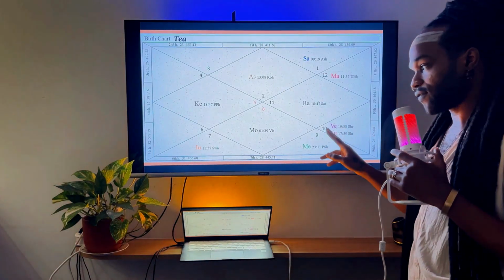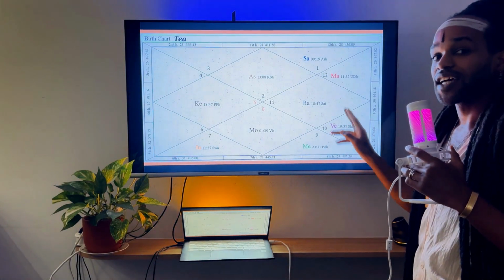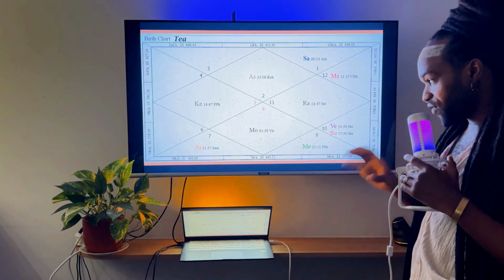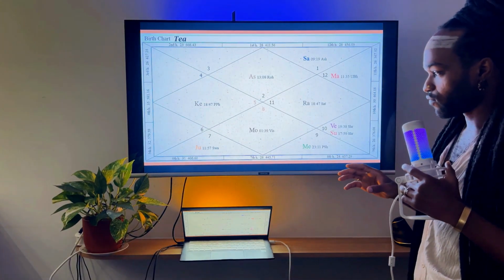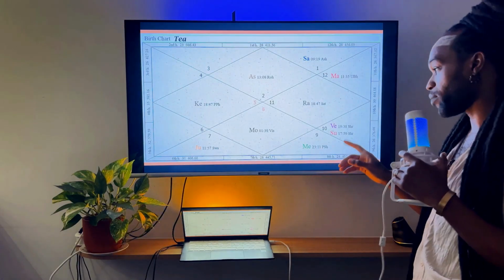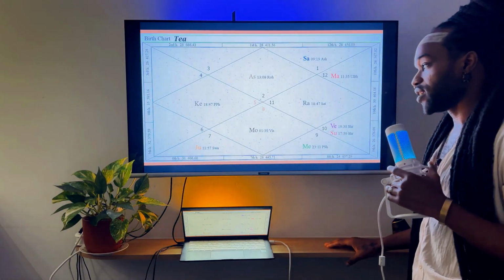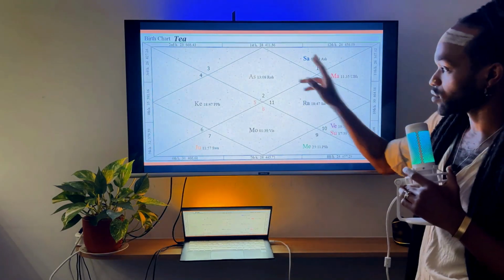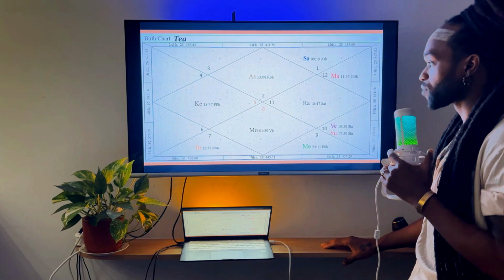So for the wife, in a male's chart, we will be looking at Venus and seeing how that's going. Now, the significator of relationship itself for both parties is going to be Venus. And in terms of other things like children, we would be looking at Rahu, Saturn, and Jupiter.